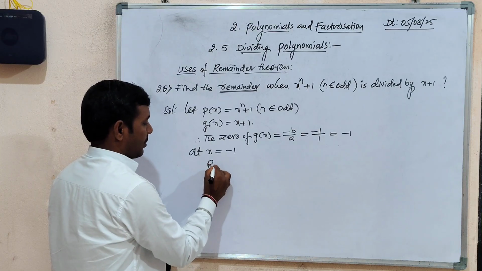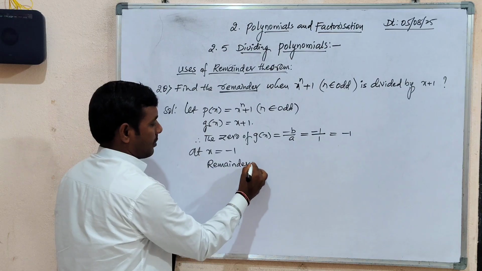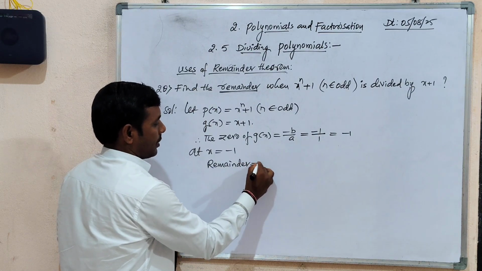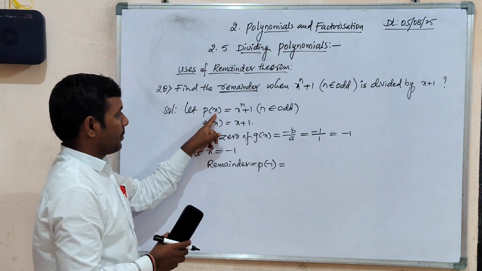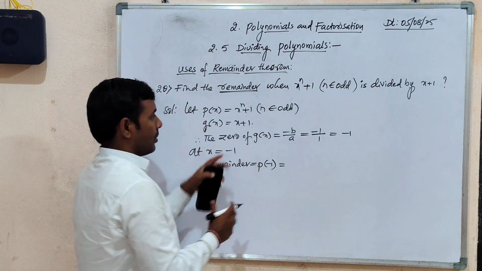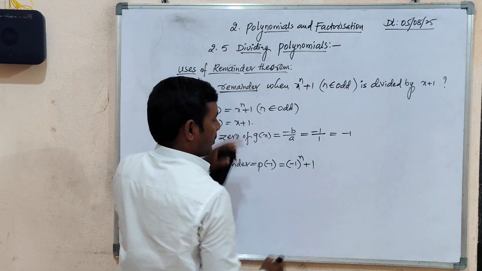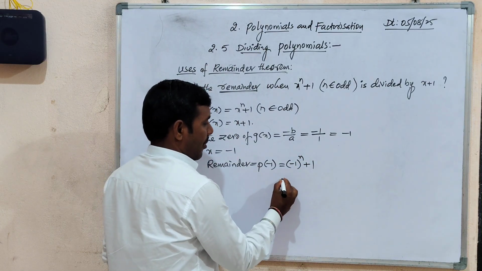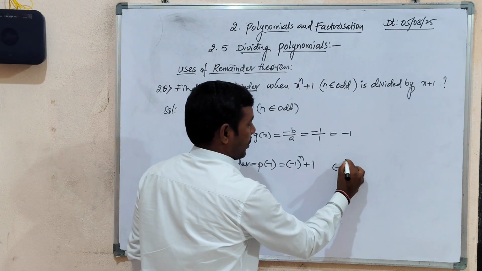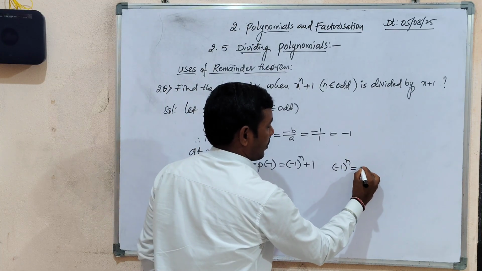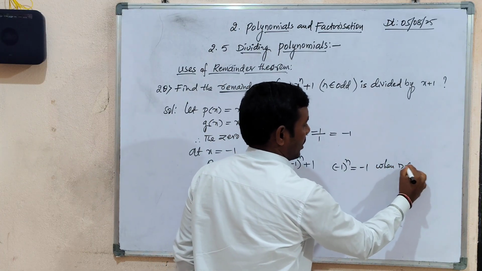Then remainder is equal to p of minus 1. So in place of x, substitute minus 1: minus 1 to the power of n plus 1. You know one thing, that minus 1 to the power of n is equal to minus 1 when n is odd.